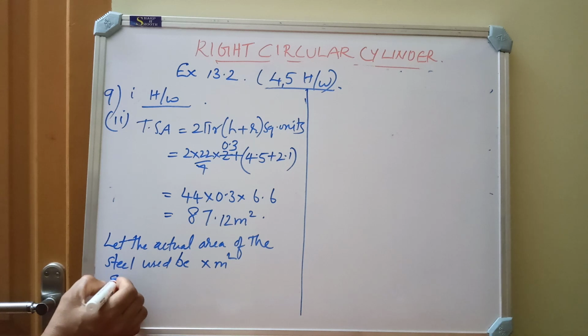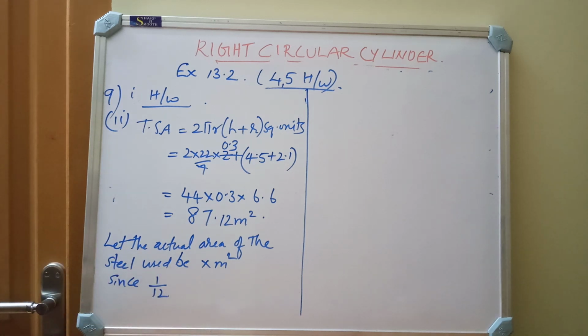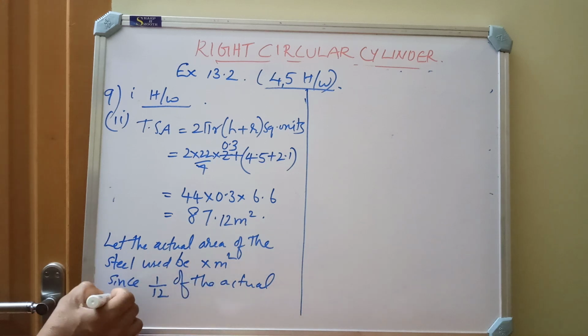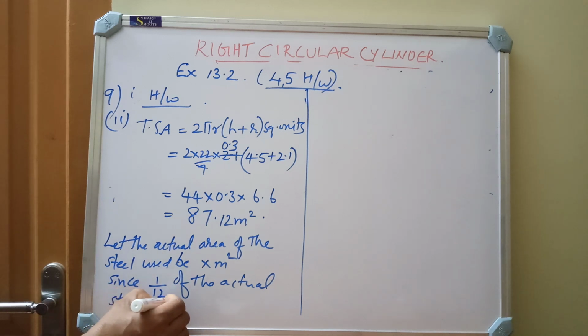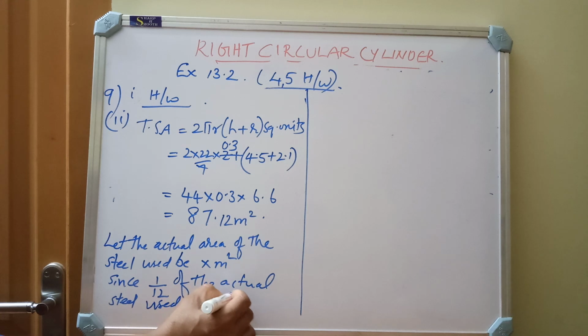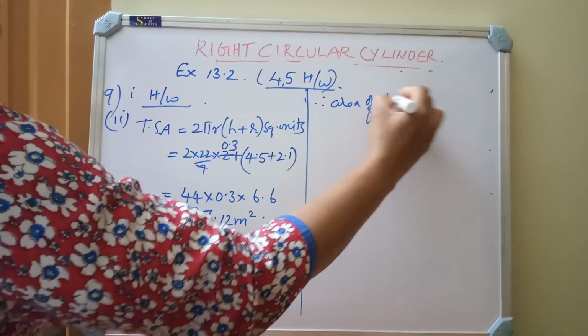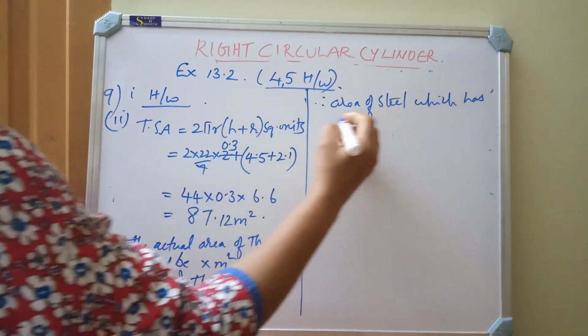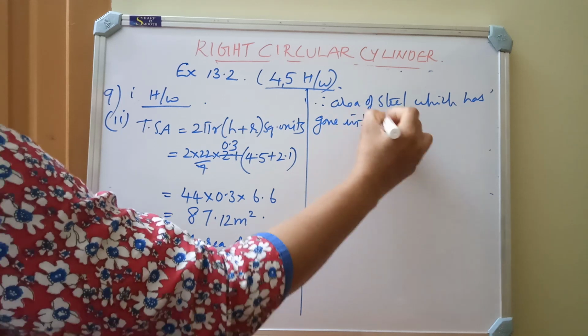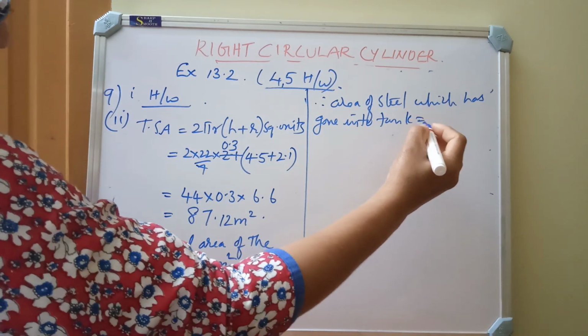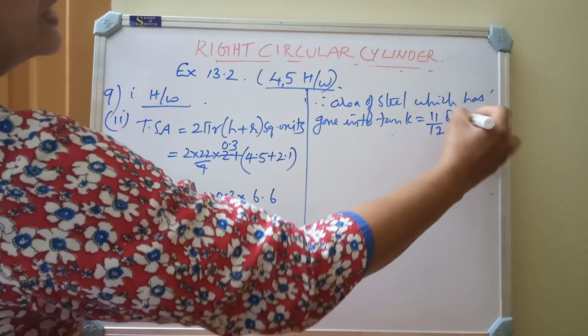Since 1 by 12 of the actual steel used was wasted, the area of steel which has gone into the tank is equal to 11 by 12 of X.